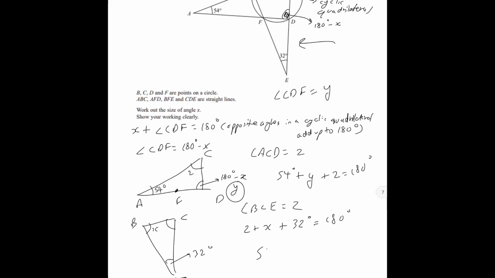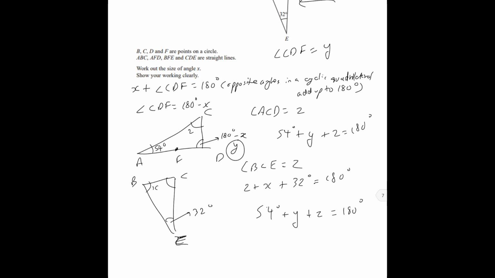Based on that, we're going to simplify this equation: 54 degrees plus Y plus Z is equal to 180 degrees. And we're going to rearrange the equation for the value of X, since we know that X plus Z plus 32 is equivalent to it.